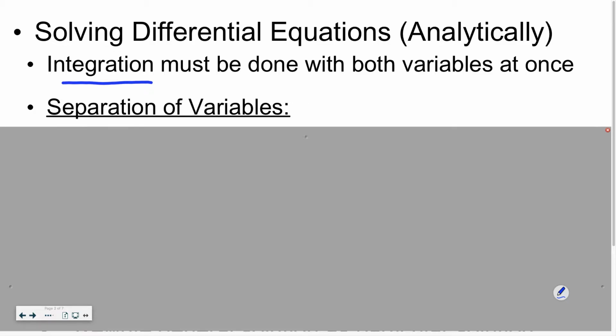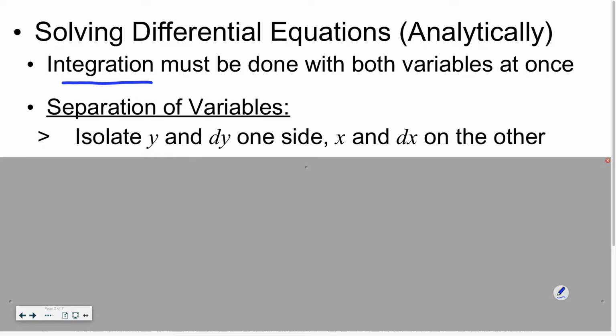So you want y and dy on one side, x and dx on the other side. It's as plain and simple as that. Any y's go with the dy, any x's go with the dx. Whether we need to multiply or divide to get them over there will depend on the problem.